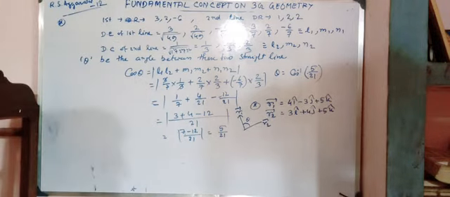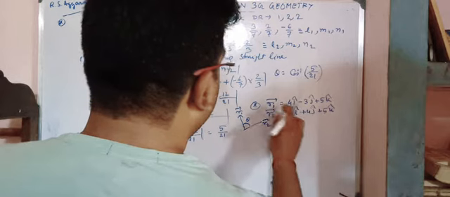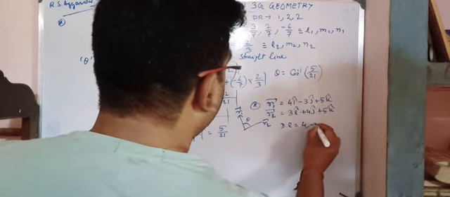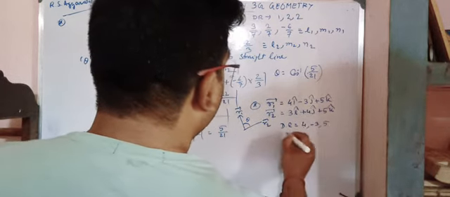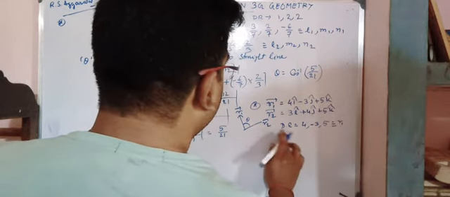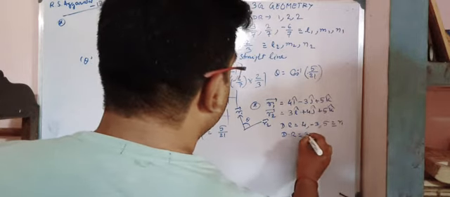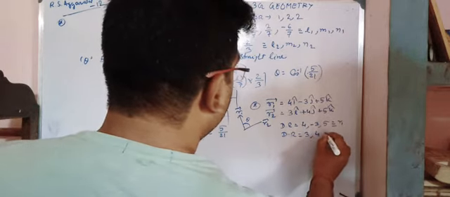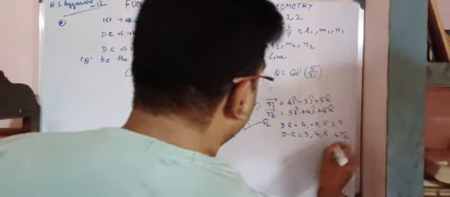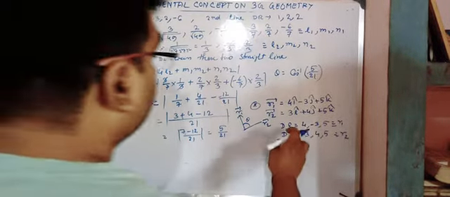Now we can see from here that the direction ratio of R1 is 4, minus 3, 5, and the direction ratio of R2 is 3, 4 and 5. Understood that? So we are getting the direction ratios.